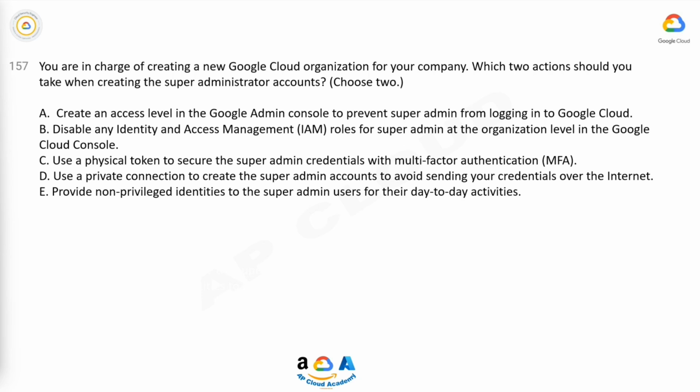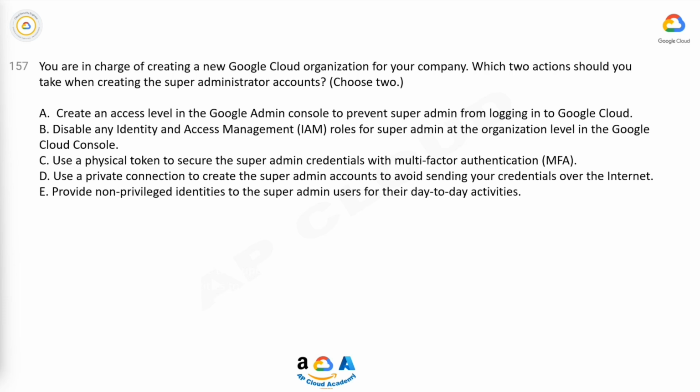(157) You are in charge of creating a new Google Cloud organization for your company. Which 2 actions should you take when creating the super administrator accounts? Choose 2. A. Create an access level in the Google Admin Console to prevent super admin from logging in to Google Cloud.